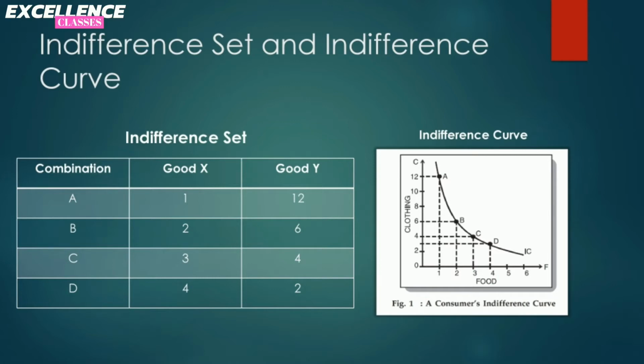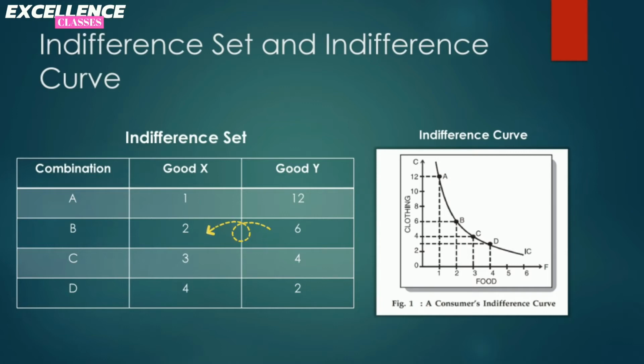Let's assume that a consumer A has 1 unit of apple and 12 units of mango. Now we ask A how many units of mango he is willing to sacrifice for an additional unit of apple so that his level of satisfaction remains unchanged.